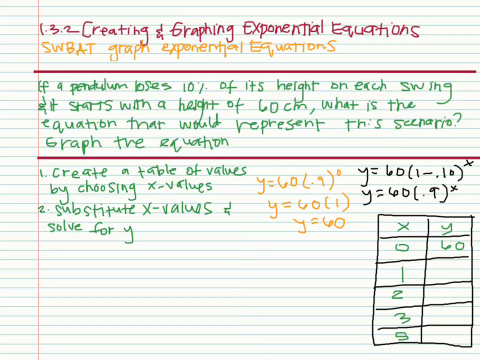Let's go through and do the same thing for our other x values, which are 1, 2, 3, and 5. So I have 60 times 0.9 to the power of 1, 60 times 0.9 to the power of 2, 60 times 0.9 to the power of 3, and 60 times 0.9 to the power of 4.